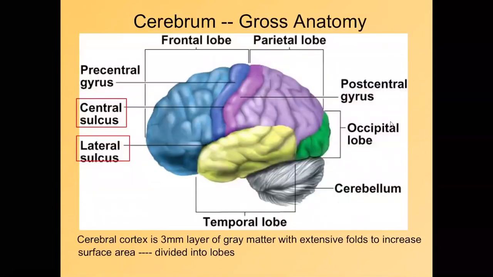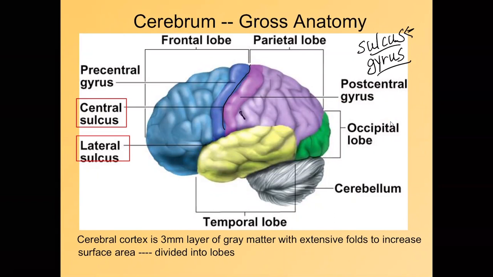Now if we go through the parts of the cerebrum, the big thing is this is the central sulcus. I didn't talk about the sulcus and the gyrus because I always do that in lab. A sulcus is an indentation in the brain, and the gyrus is the raised part of the brain.